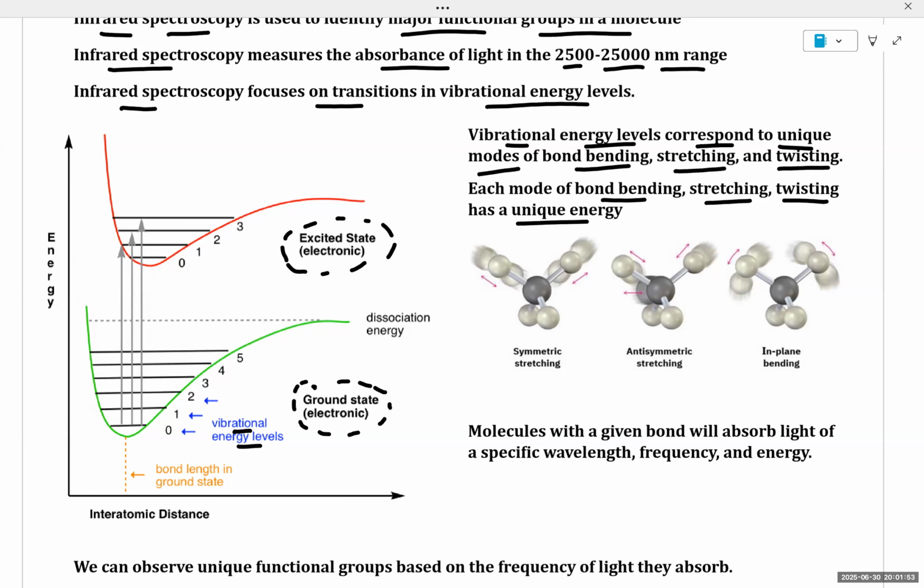Here are some examples of bond bending, stretching, and twisting, such as symmetric stretching, asymmetric stretching, and in-plane bending. Molecules with a given bond will absorb light of a specific wavelength, frequency, and energy corresponding to the energy required to transition between vibrational energy states.